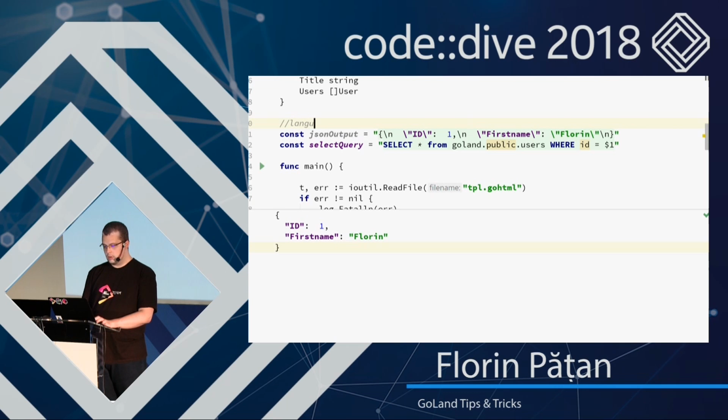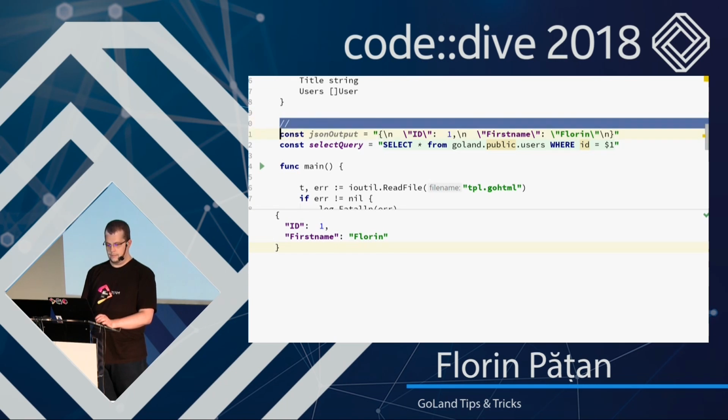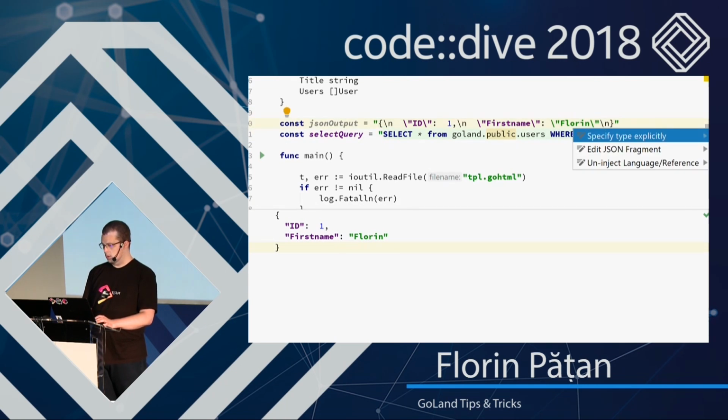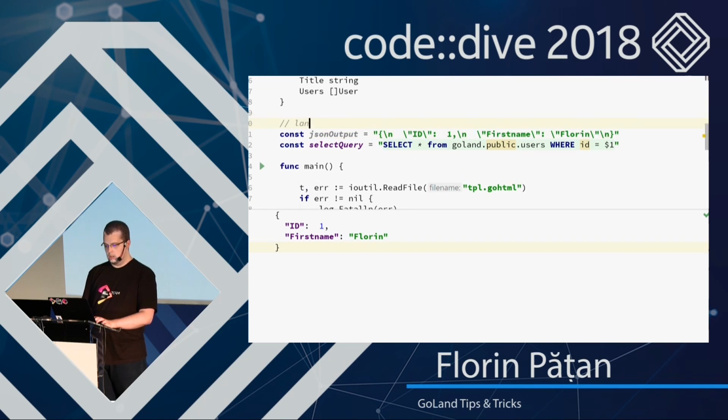So language equals JSON. But let me prove that it works by going here, uninject language, right? So it's still here. Language JSON. So it's colored again as JSON, right?